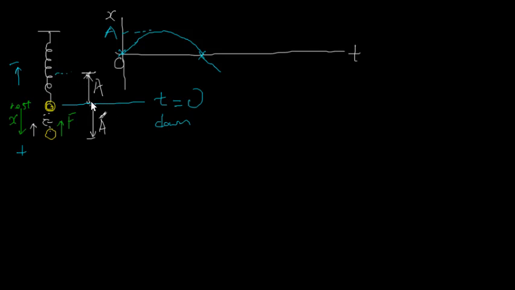The magnitude of this is A, but it has a negative sign because it's in the negative direction. So the graph keeps getting more and more negative until the maximum displacement, which is minus A. That's the maximum displacement in the negative direction, and then the graph goes back to 0 again, because the ball comes back down towards the rest position, which is 0.